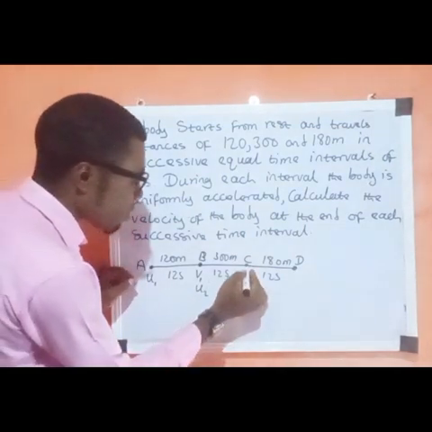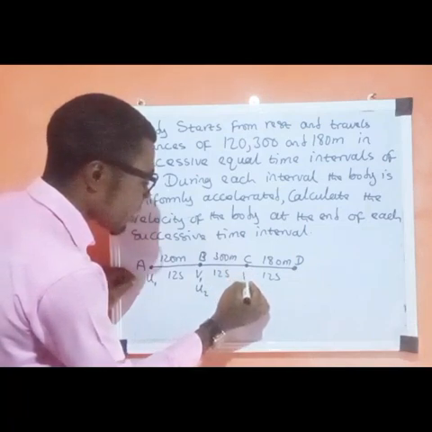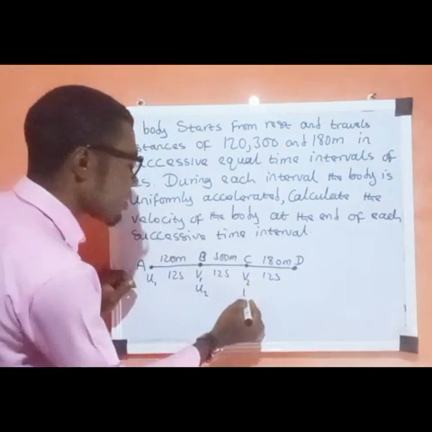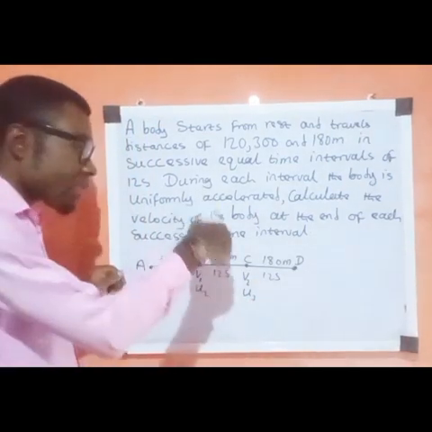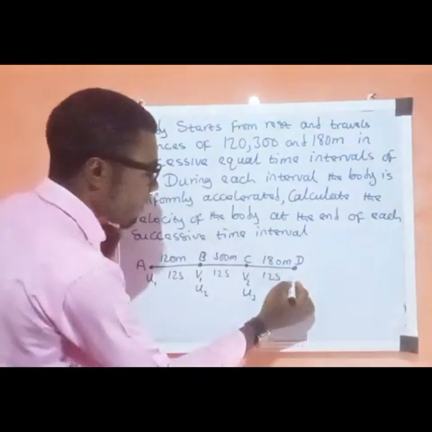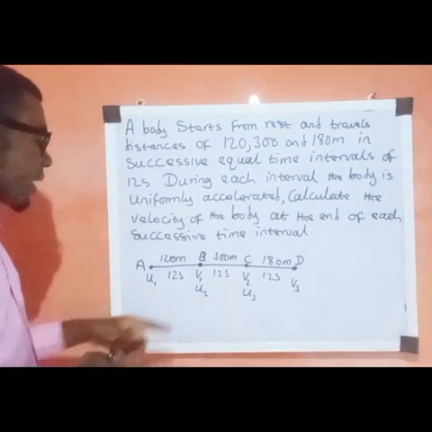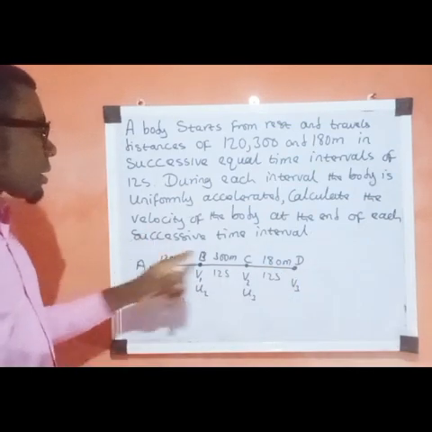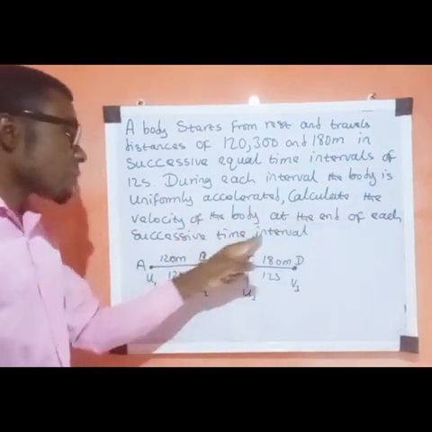Then at this point C the second interval ends, and that becomes the final velocity for the second interval, and that same point is the initial velocity for the third interval, and then the final velocity is v3. So the question is expecting us to find v1, v2 and v3, because it says we should calculate the velocity of the body at the end of each successive time interval.